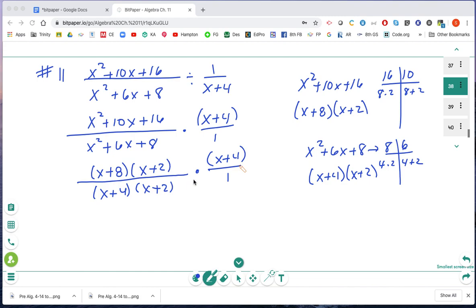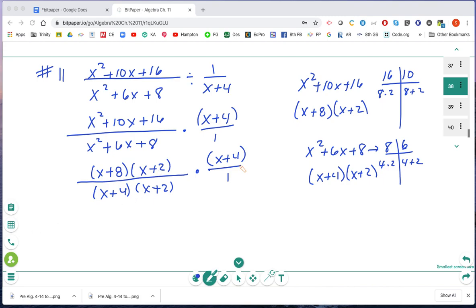The great thing is, as long as it's multiplying, it doesn't matter which denominator it's in. So I can cancel this one out with one that's over here. What's most important is that the parentheses match identically, and that you have one in the numerator and one in the denominator.